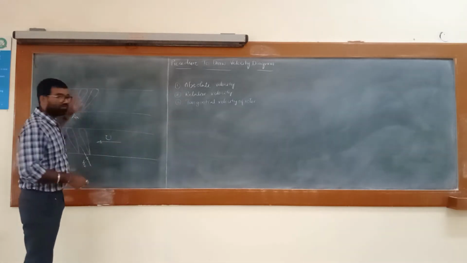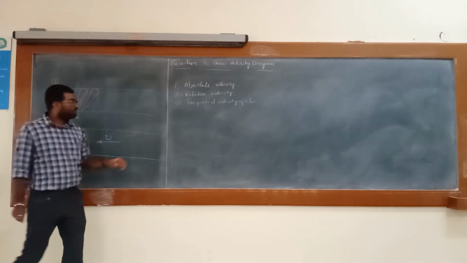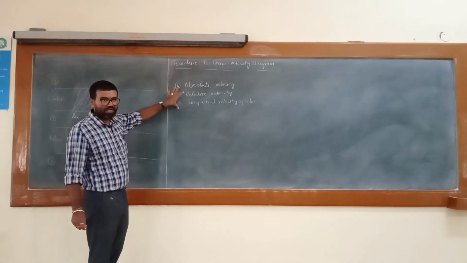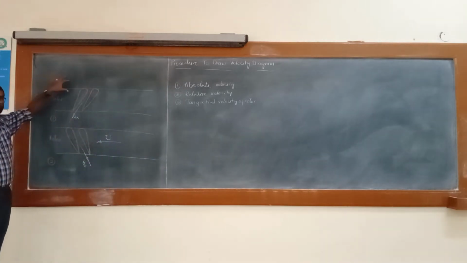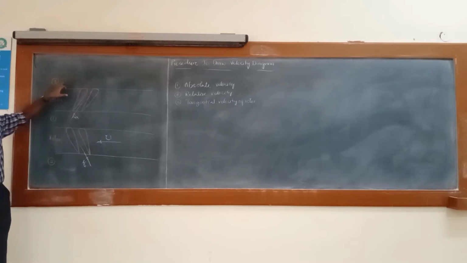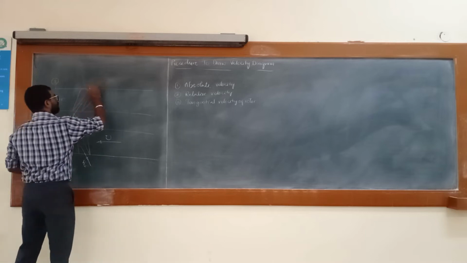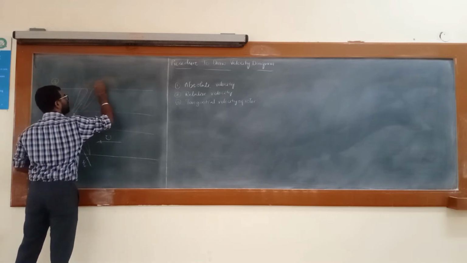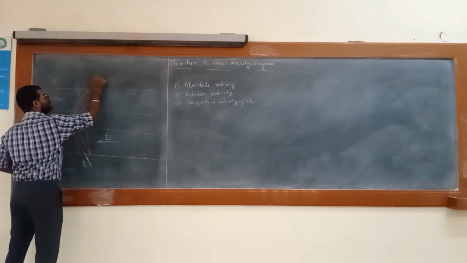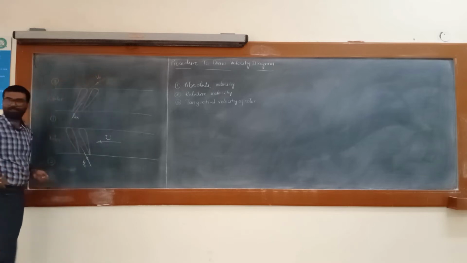Suppose we want to draw it at the stator inlet. Can we have all three velocity components here? No. Only one velocity component is available, the absolute velocity of the fluid entering the stator, V3.